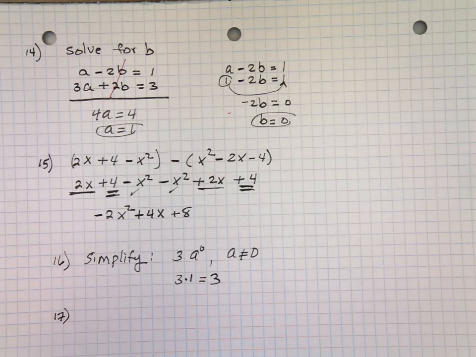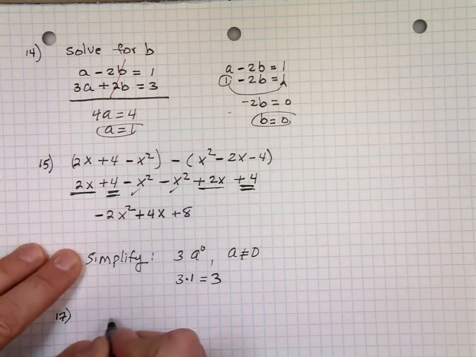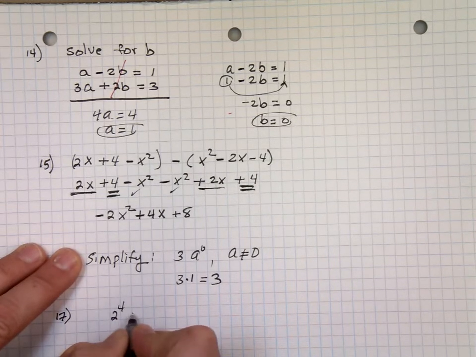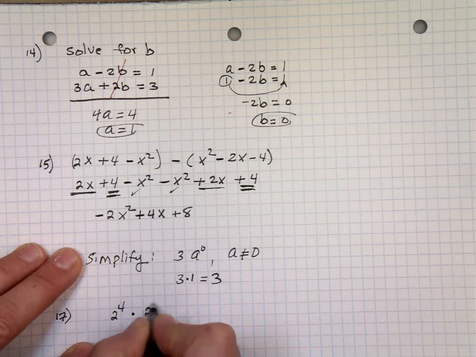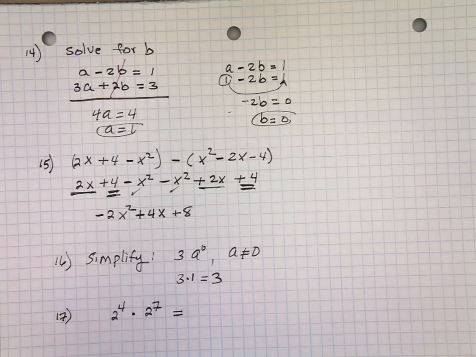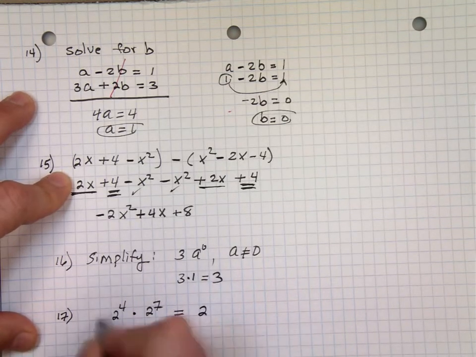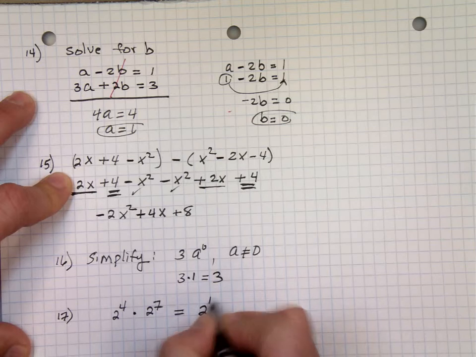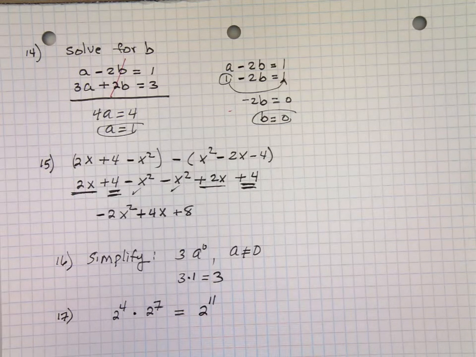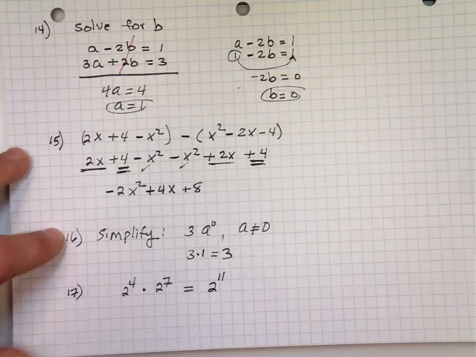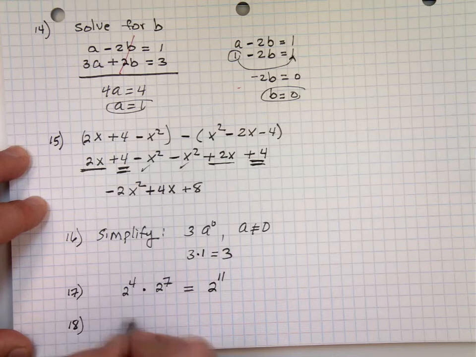2 to the 4th times 2 to the 7th. What do you do when you multiply? Add the exponents. 4 and 7? 11. Next, a to the 10th over a to the 15th.